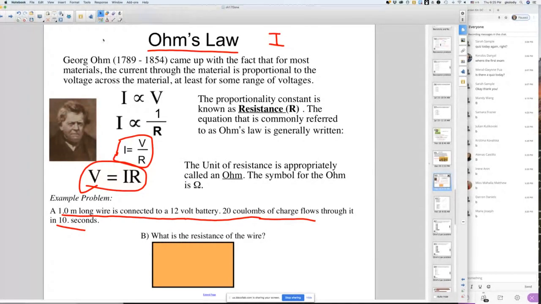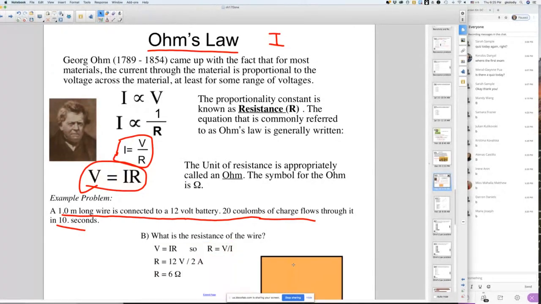Well, you would think you would have to use one of those formulas, but you don't really, because all you got to do is use Ohm's law based on what you're given. V equals IR. You're given V and I, 12 volts and 2 amps, and the resistance is 6 ohms. So this is a way of measuring the resistance directly. You don't have to calculate it using that formula there.